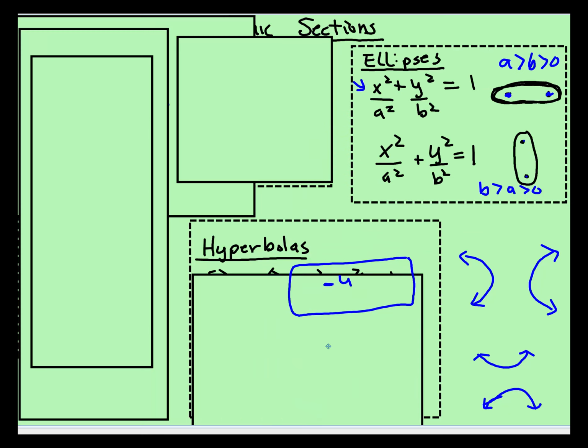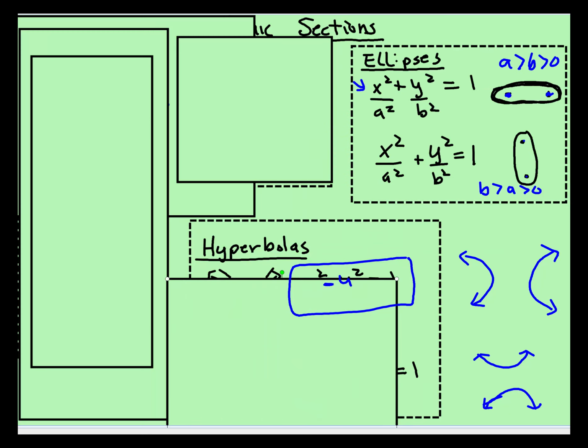And what I didn't talk about is the ellipse equation. Notice it's x squared plus y squared. Kind of looks like the circle, but it's equal to 1. And the x squared is over a squared, the y squared is over b squared.